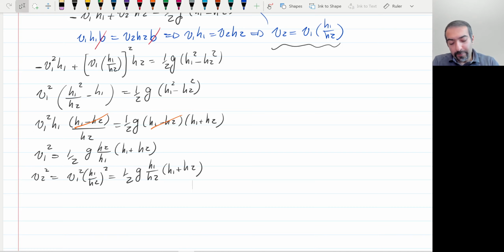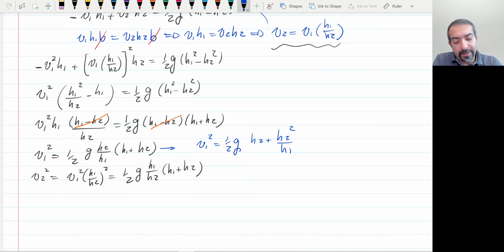And now we're going to solve for h1 over h2, or h2 over h1. So I'm going to basically continue from here. So let's see what I get. So I have v1^2 is equal to 1/2 g (h2 plus h2^2 over h1). All right.